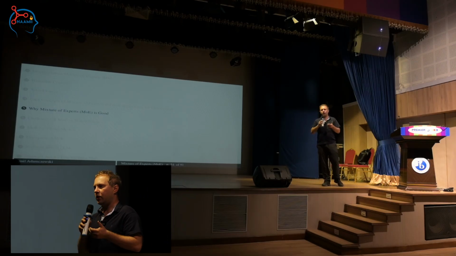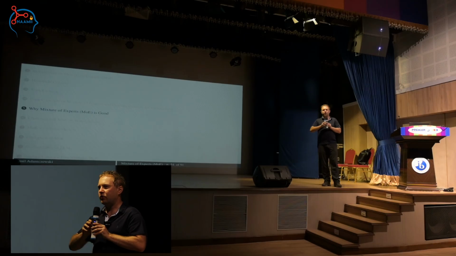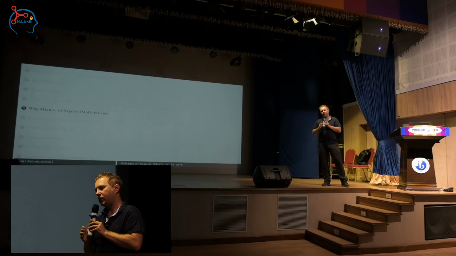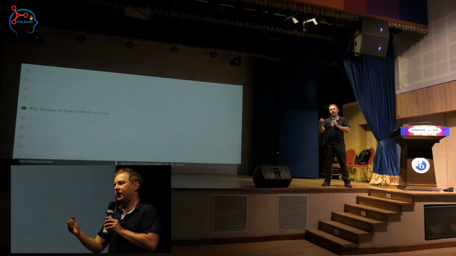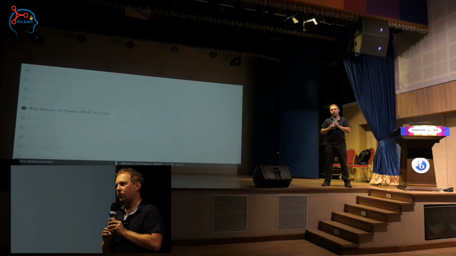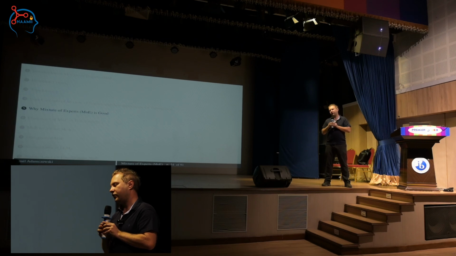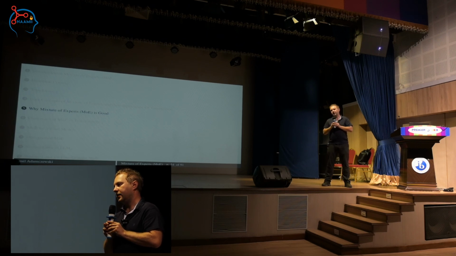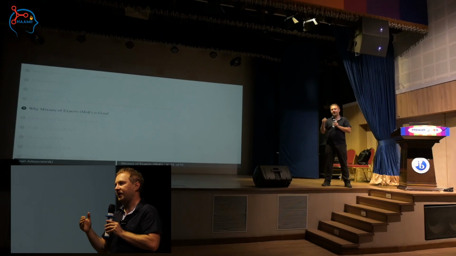However, there are works, I don't know if this is already implemented, where during the inference we load only the experts. But typically we have to load the entire model into the memory, and the savings are from the computational standpoint.